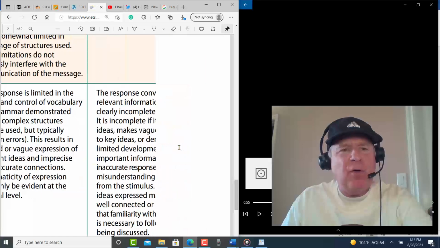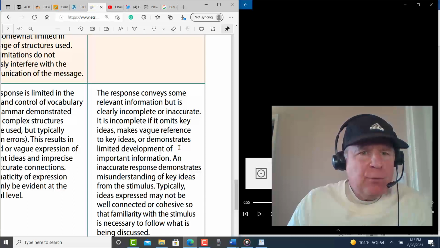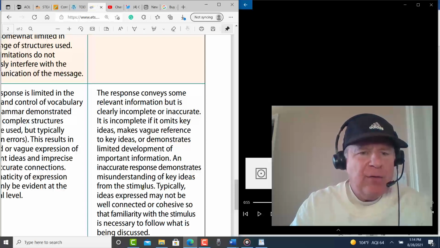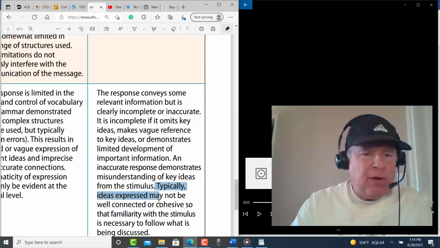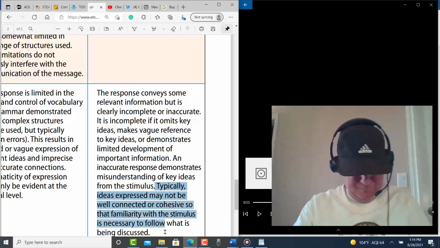In the topic development area, we have: response contains some relevant information. I think here, typically ideas expressed may not be well connected or cohesive, so familiarity with the stimulus is necessary to follow what is being discussed.